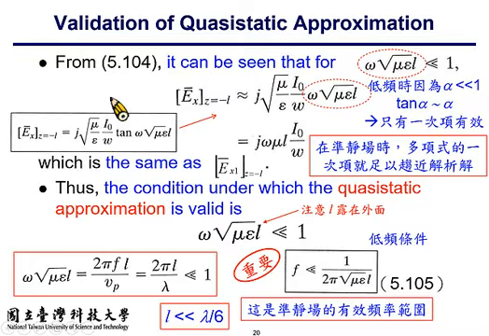So, what is the significance of a wavelength? What is the physical phenomenon associated with one wavelength? One wavelength suggests that the phase will change 360 degrees.